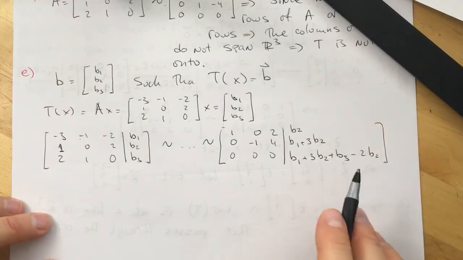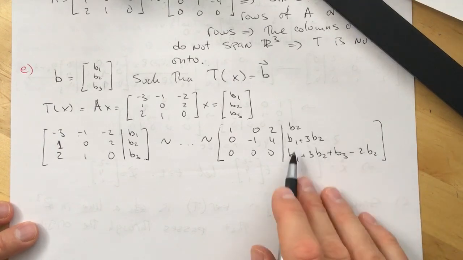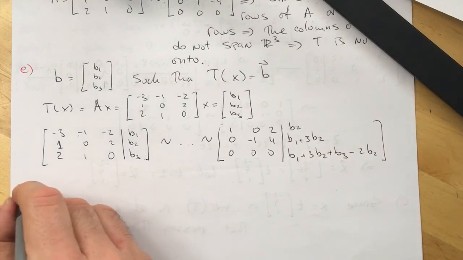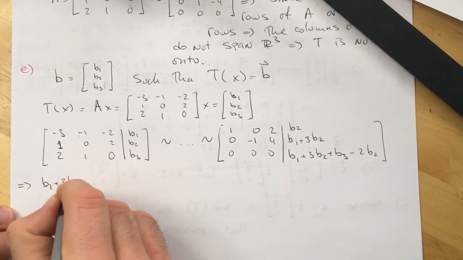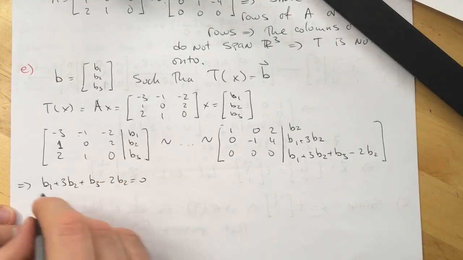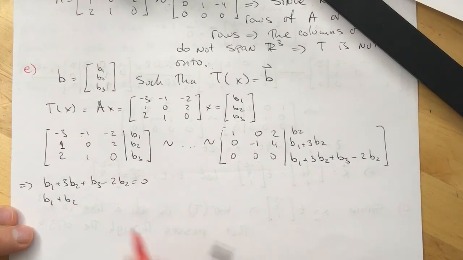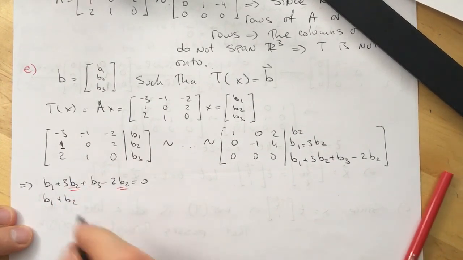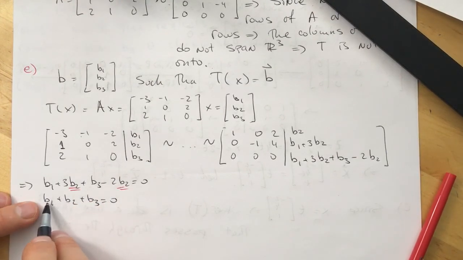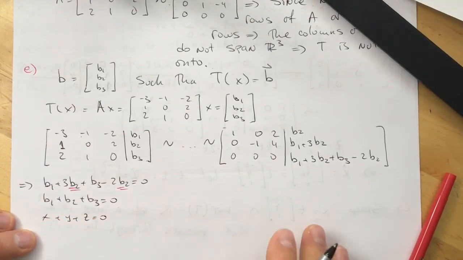Okay, so when would this system be consistent? The system is going to be consistent when this entry is going to be 0, right? So it is implied that b1 plus 3b2 plus b3 minus 2b2 is equal to 0, or simply b1 plus b2 plus b3 is equal to 0, or simply x plus y plus z is equal to 0.